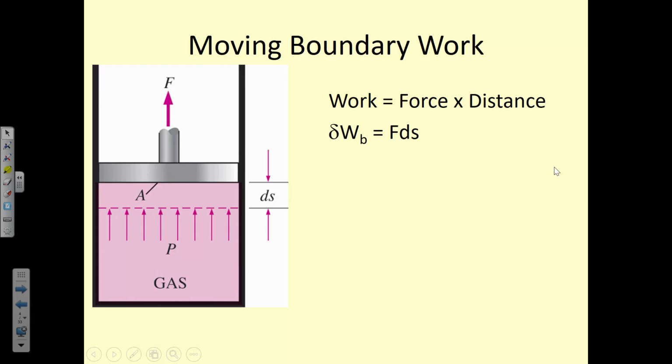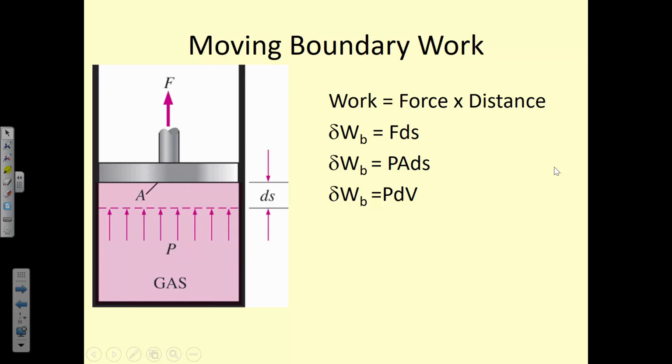So we can look at some incremental change in distance, and find the incremental change in work due to that slight change in distance. We can rewrite this force as a pressure times an area, because we know that the force on a flat surface is just equal to the pressure times the surface area. And then we can combine those terms, A ds, into a dV term.